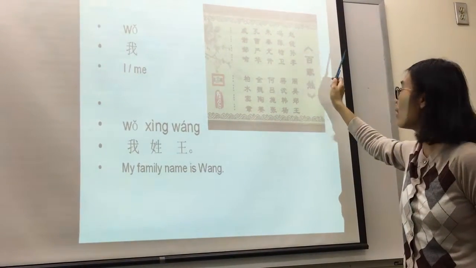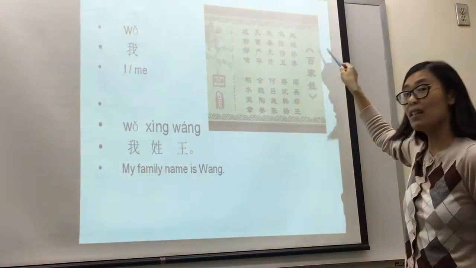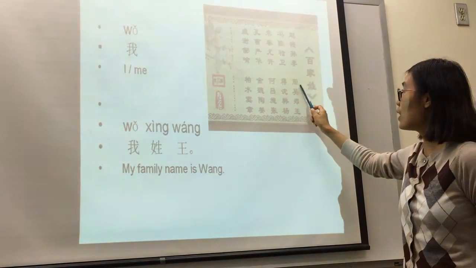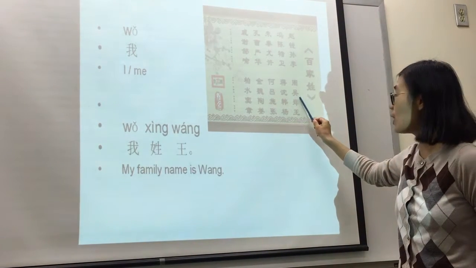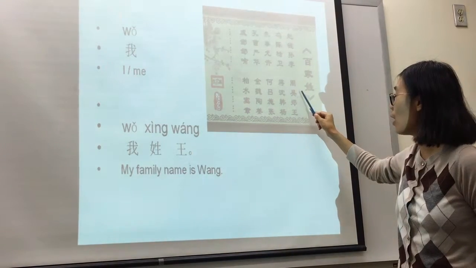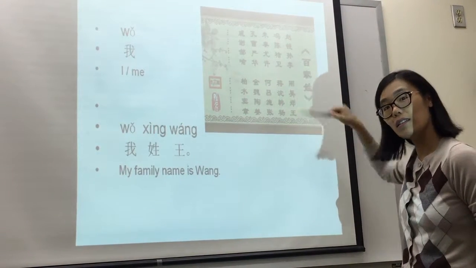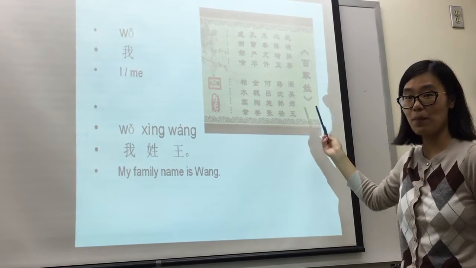Sun, remember? 我姓李. 李, third tone. 我姓周. Zhou, first tone. 我姓吴. 我姓郑. Zheng, the fourth tone. 我姓王, that's my family name.